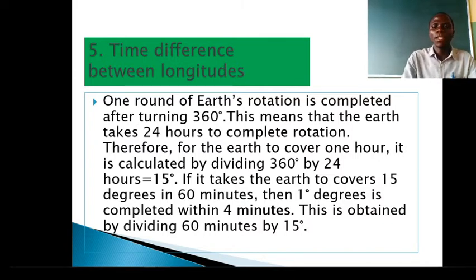If it takes the Earth to cover 15 degrees in 60 minutes, then 1 degree is completed within only 4 minutes. This is obtained by dividing 60 minutes by 15 degrees. After 4 minutes, the Earth moves a distance of 1 degree.